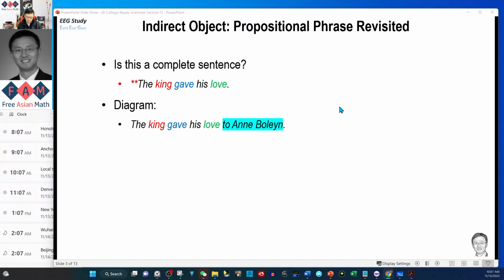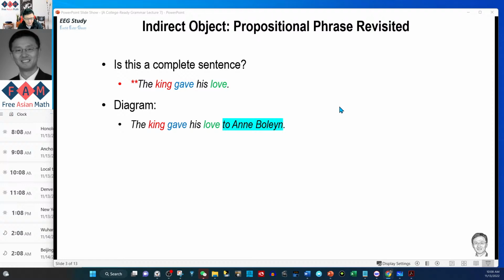And we have already learned a prepositional phrase typically works either as an adjectival modifier or as an adverbial modifier. Here, what kind of modifier is this? To Anne Boleyn. This to Anne Boleyn gave us an idea, where does the love go? It goes to Anne Boleyn. Therefore, this cannot be adjectival because to Anne Boleyn does not modify love.